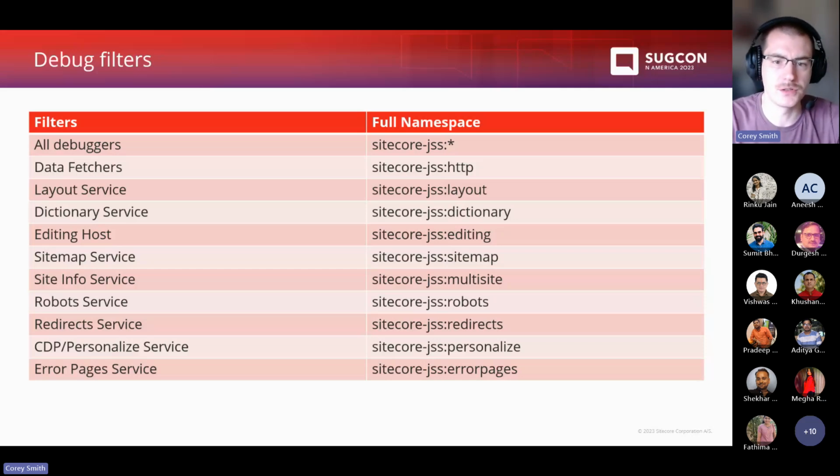If you're trying to diagnose issues with your editing host or the experience editor or pages, you can filter down to the editing host logs. If you're using Headless SXA, there are log filters for the sitemap service, the site info service, robot service, redirect service, and the error pages service. And then if you're using CDP or Personalize, there's a filter just for those services as well.